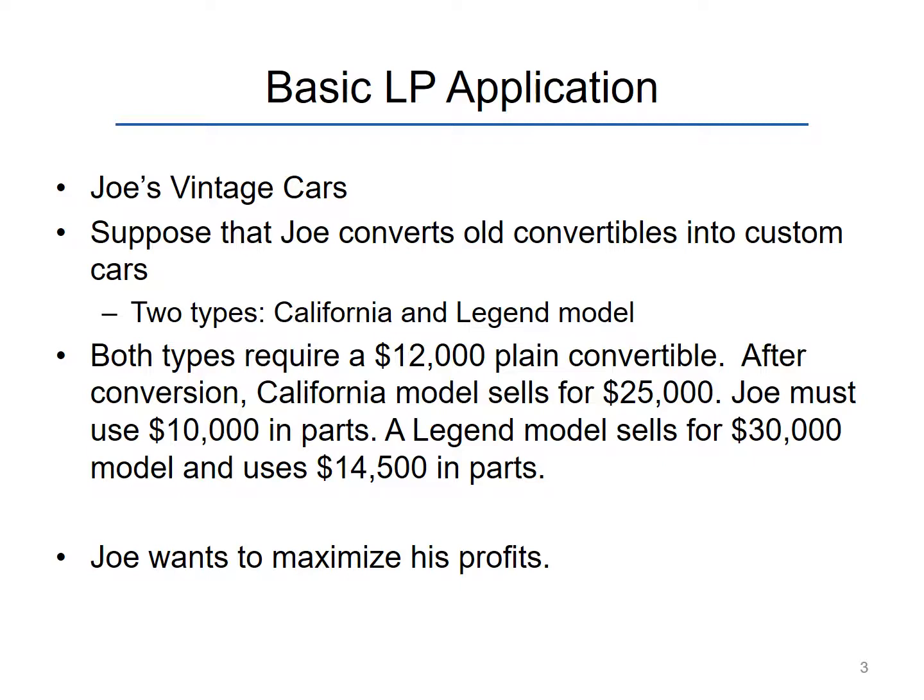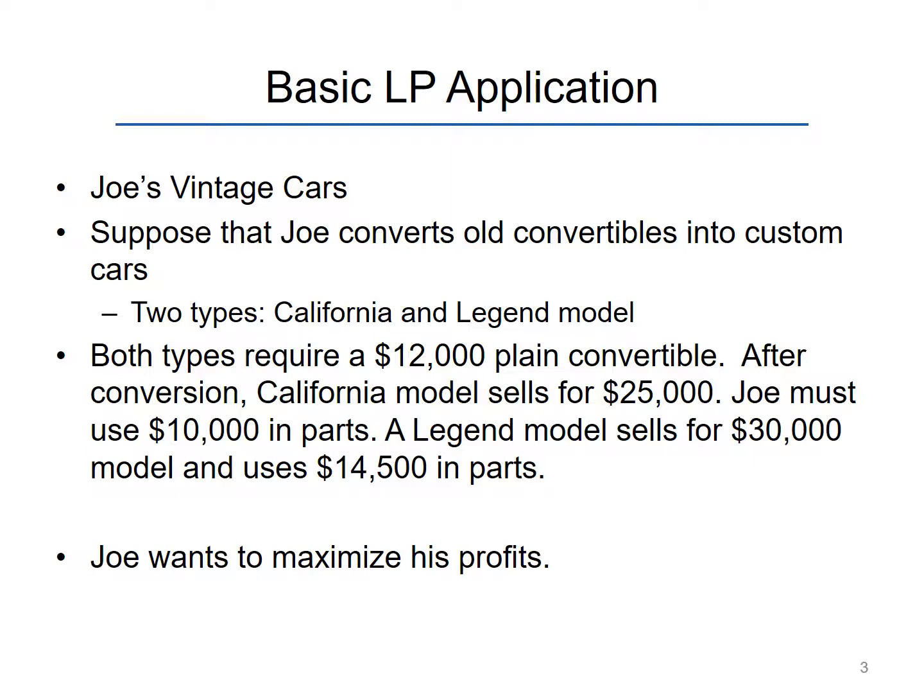After Joe makes the conversion, the California model sells for $25,000, and Joe has to spend $10,000 in parts to do so. Joe can also create a Legend model and sell it for $30,000. In order to do so, he needs about $14,500 in parts.